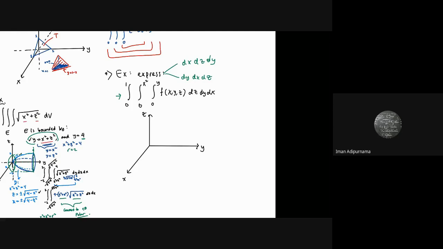Okay, this is x equals 0 and x equals 1, and then y equals 0 and y equals x squared. So we will have a quadratic on the xy plane. Let me draw the quadratic. Okay, maybe that is our quadratic.